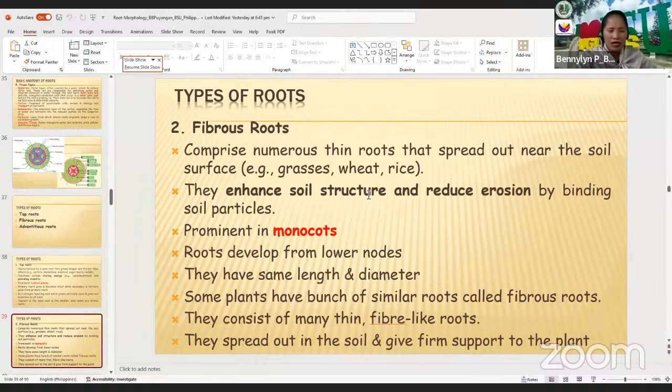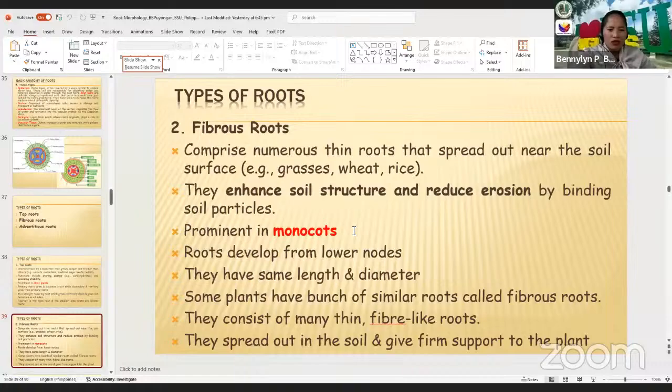If it is a blocky or plate-like soil structure, they can make it a granular structure through their root system. In terms of reducing erosion, the fibers will hold the nutrients in the soil, of course. So it will be stabilized and then the erosion will not be prominent in this fibrous root system. So they bind the soil particles.